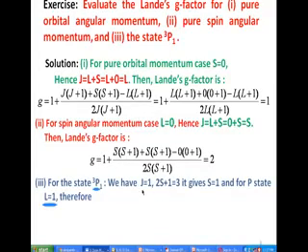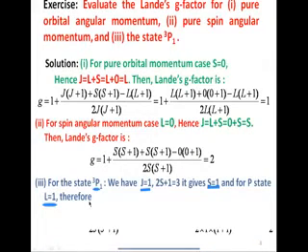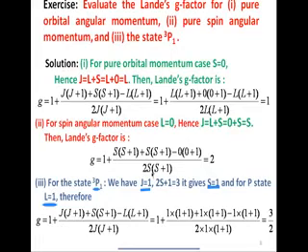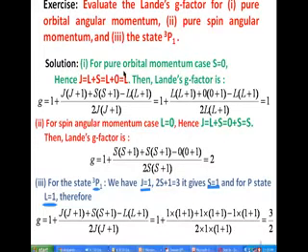Now we will substitute the values of J equal to 1, S equal to 1, and L equal to 1 in the G factor formula. So the formula is written again. This is the formula.